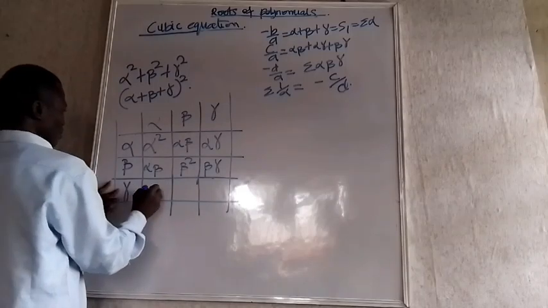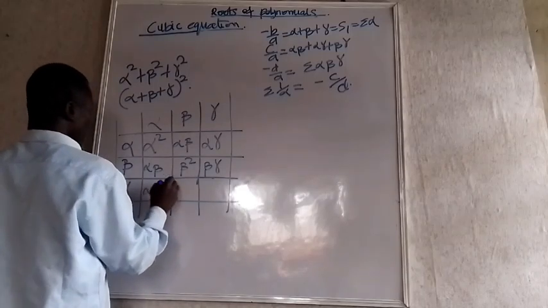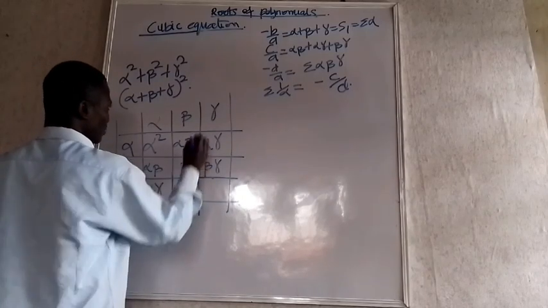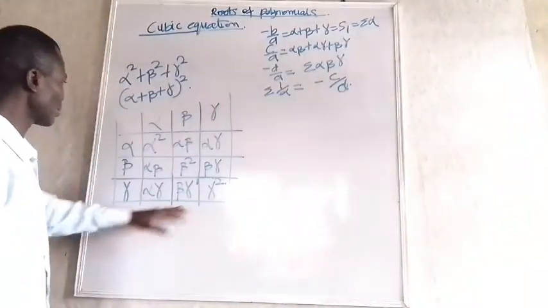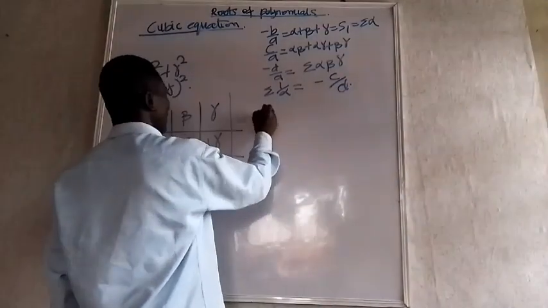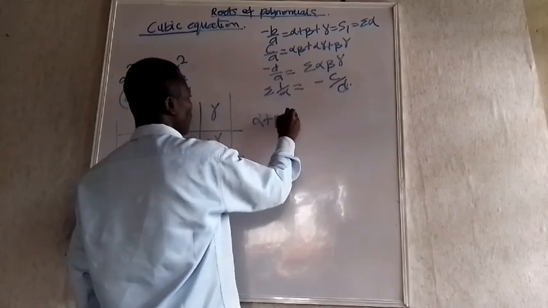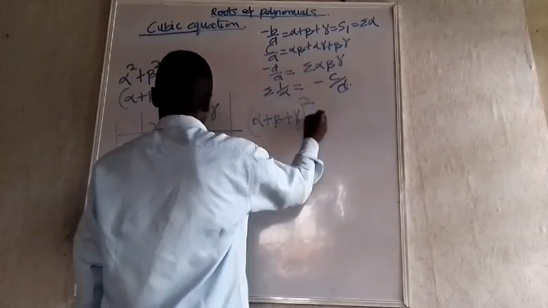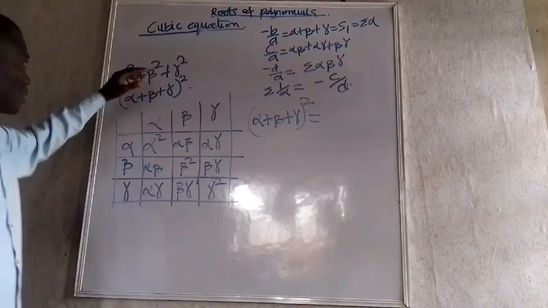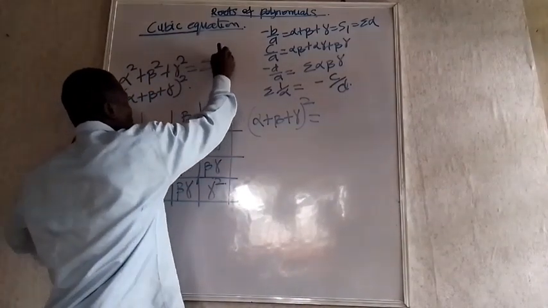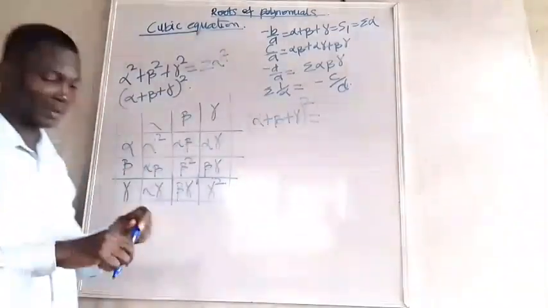We also have this to be alpha gamma, beta gamma, gamma squared. So if I should write out the answer to this, I can say that alpha plus beta plus gamma all squared. You know what we are trying to achieve? Alpha squared plus beta squared plus gamma squared. That is summation alpha squared. Remember the notation, please. Take notes.